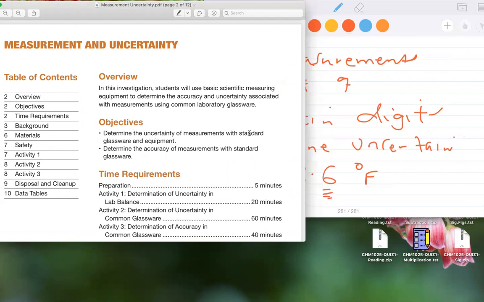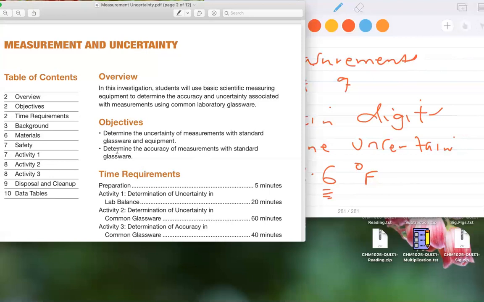Hopefully, you have received your lab kit to do the measurement lab using the graduated cylinder, the 1 mL flask, and 250 mL beaker.